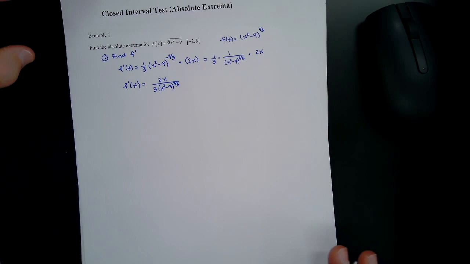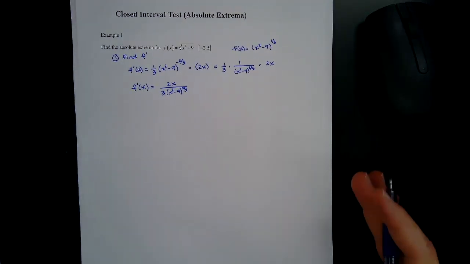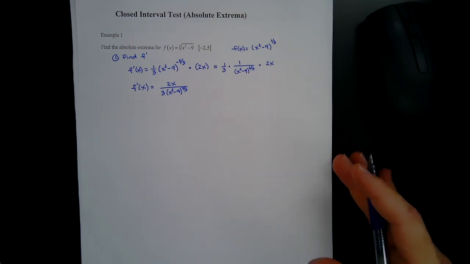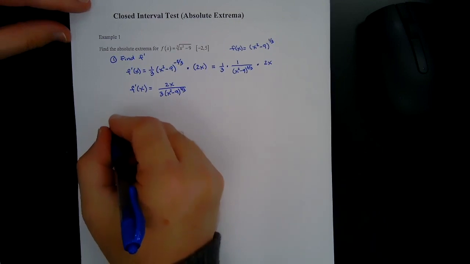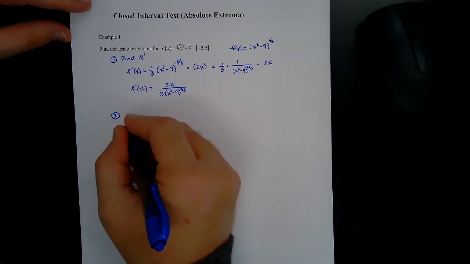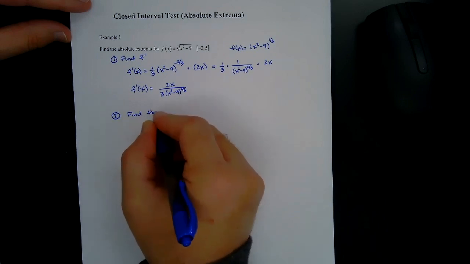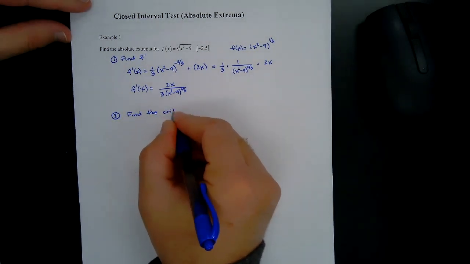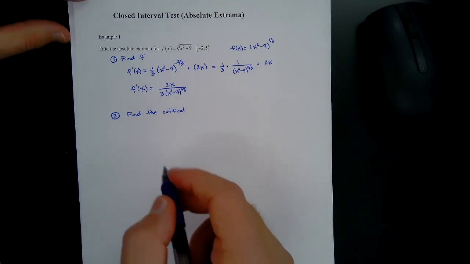Okay, so then the next thing, we have the first derivative, and now what we have to do is figure out where is that first derivative 0, and where is that first derivative undefined, okay? So that's the very next thing, is we want to find the critical numbers. Now, this is going to be a big deal. This whole unit is finding critical numbers, okay?